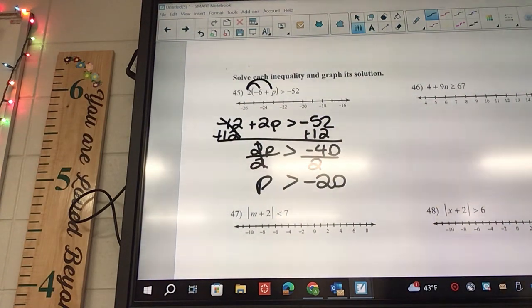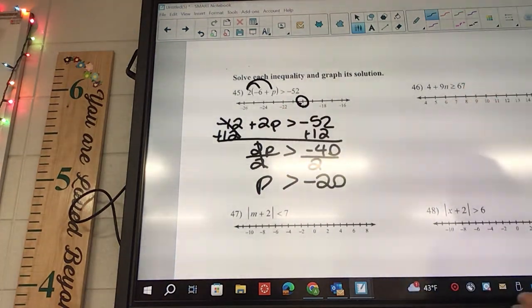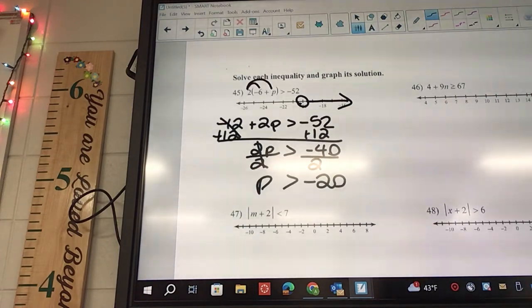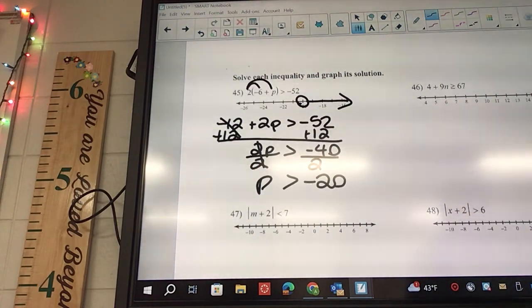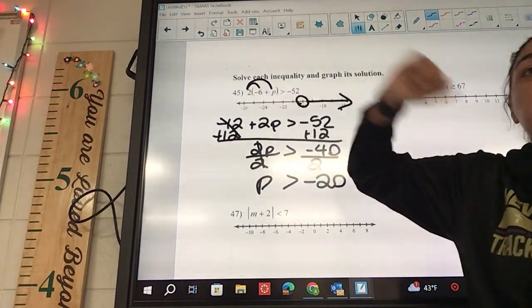Is that open or closed? Open. Going which way? Right. How do you know if maybe your answer's right? Because the alligator also faces the way it's pointing. That's not what I'm talking about. How do you know if maybe your answer is the correct number? If it's on the number line, okay? So in this case, my number should be between -16 and -26.